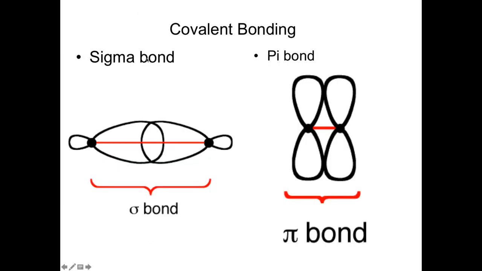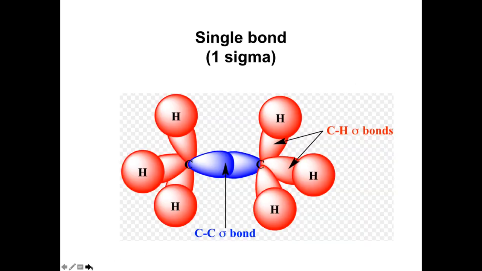So when looking at a sigma bond, you don't need to know what this looks like. I'm just showing this to you, but for some students, it's a little more visual to see this. So this is an illustration of what a sigma bond looks like, an illustration of what a pi bond looks like. And you can see this would be the sigma bond here between this carbon and this carbon.